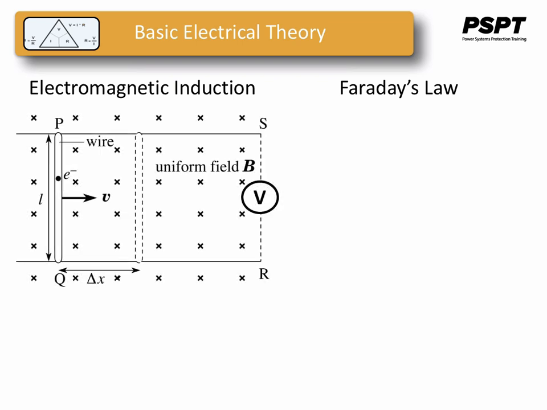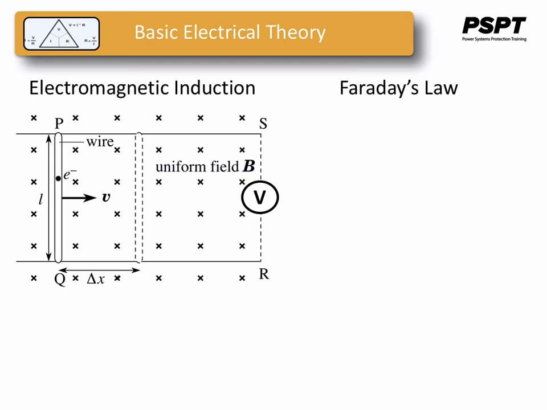Consider the situation shown here. The straight wire PQ is moving at a constant velocity delta x at right angles to a uniform magnetic field, directed to the right of the screen as it moves. Wires PS and QR are fixed and continue to make contact with the moving wire.